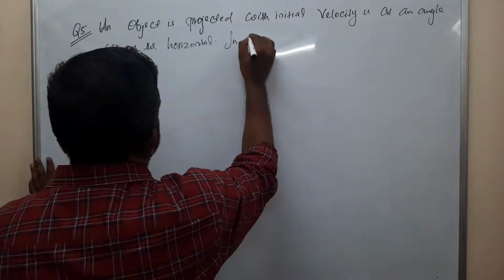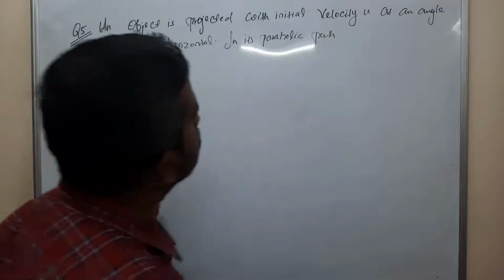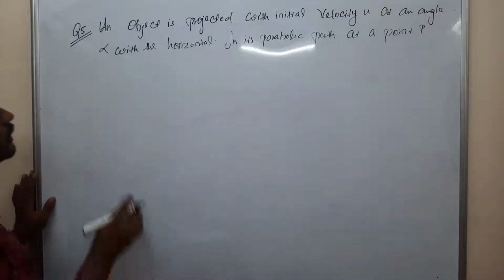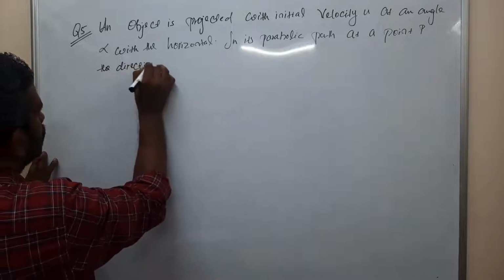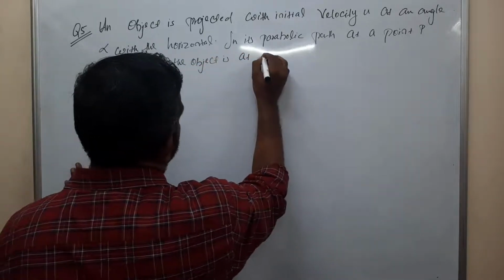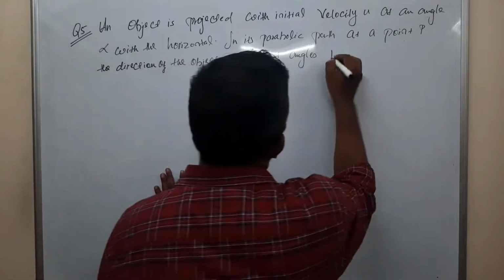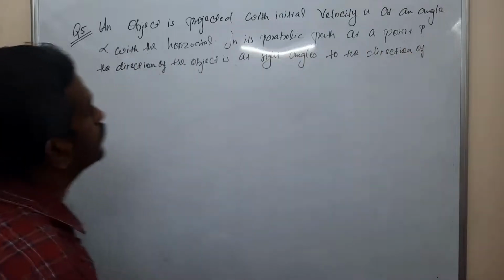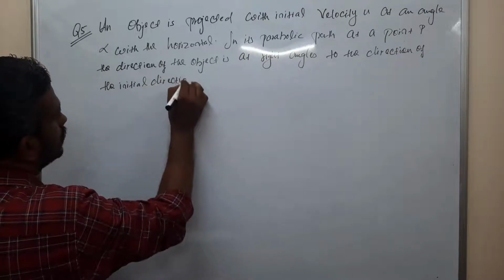So in its parabolic path, at a point P, the direction of the object is at right angles to the direction of the initial direction of projection.